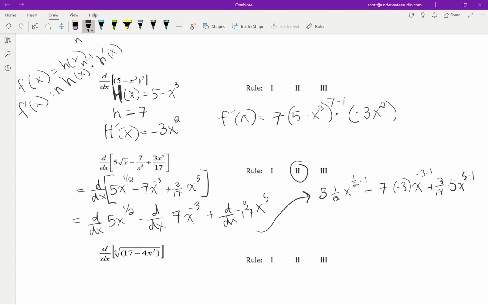There's a lot to clean up here, a lot of multiplication. That's the same thing as 5/2 x to the 1/2 minus 1, which is minus 1/2. And then minus a minus, that's going to be positive 21. X to the negative 3 minus 1 is negative 4. And then 3 times 5 is 15, so I get 15/17 x to the 5 minus 1, which is a 4.